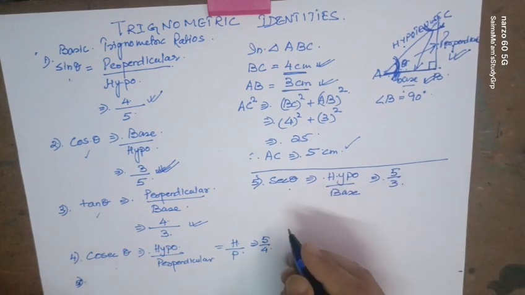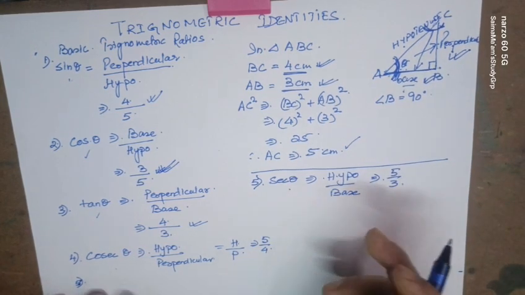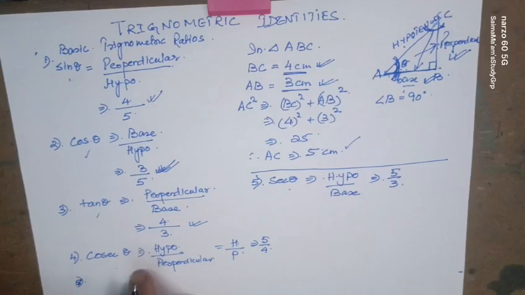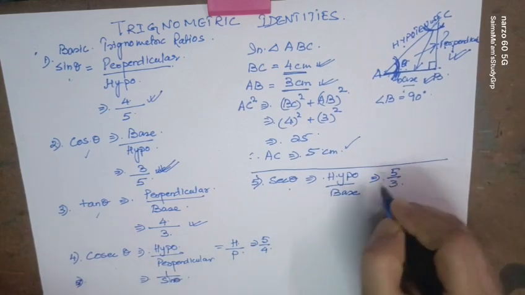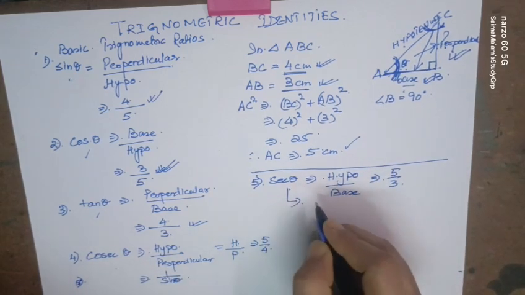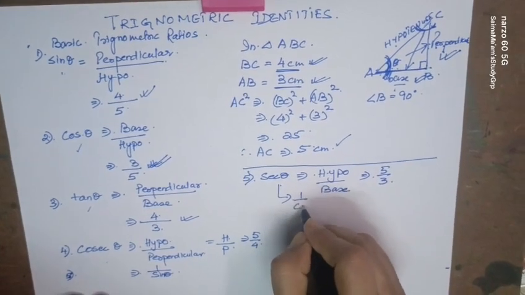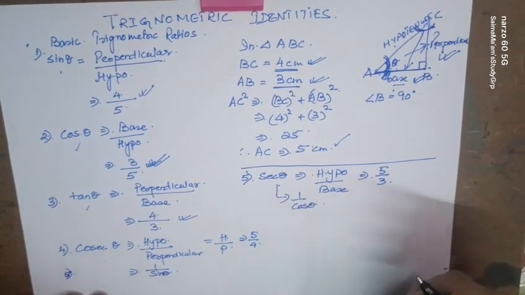Now students, one more thing. Cosec theta, if it is written as hypotenuse by perpendicular, we can also consider it to be 1 by sine theta. Likewise, sec theta can also be considered as 1 by cos theta.